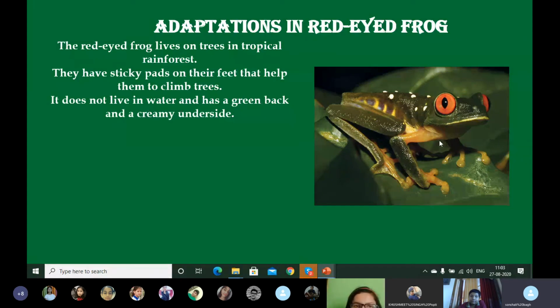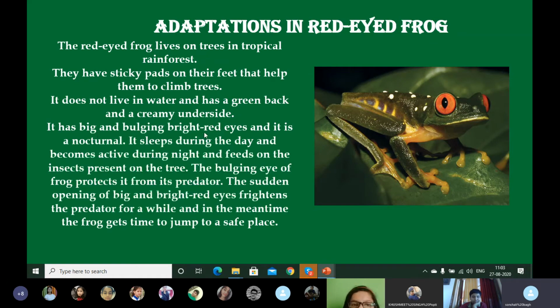See, here you can see the arrow, I'm showing you a green back and a creamy underside. You can see the underside is creamy color. It has big and bulging bright red eyes, and it is nocturnal, means it sleeps during the day and becomes active during the night and feeds on the insects present on the trees. Frog eats insects, but it only eats the insects which are present on the tree.